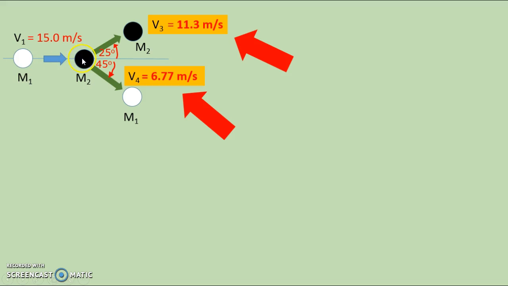After they collided, and we were given that the 8 ball traveled up at an angle of 25 degrees and the cue ball traveled down at an angle of 45 degrees, the 8 ball will be traveling at 11.3 meters per second, and the cue ball will be traveling at 6.77 meters per second.